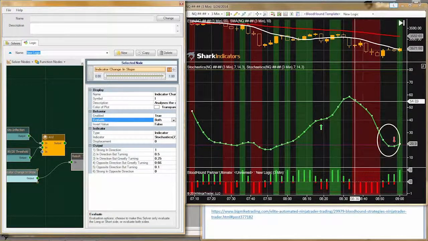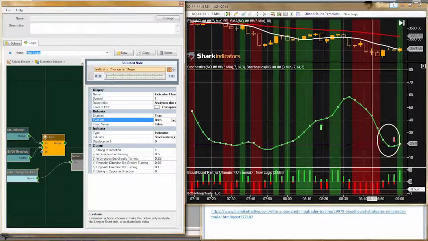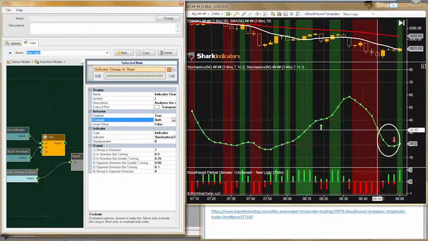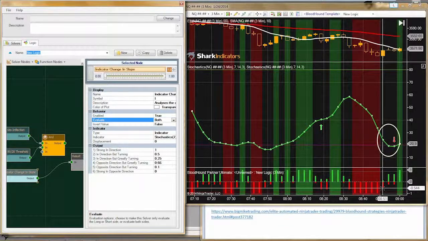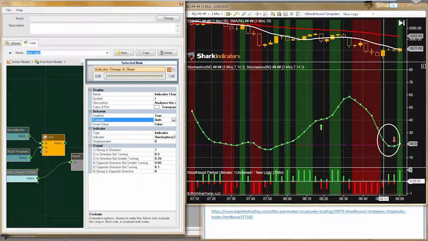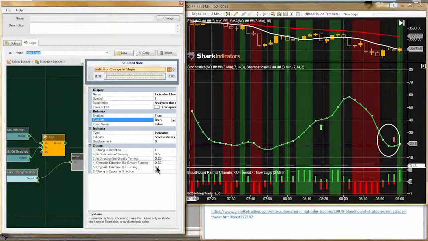Up in here where the stochastic is sloping down pretty strongly, as we can see by the short output, and then as the downslope begins to weaken or begins to turn, we can see the short output begins to lessen or weaken, and the long output begins to strengthen, or get greater.